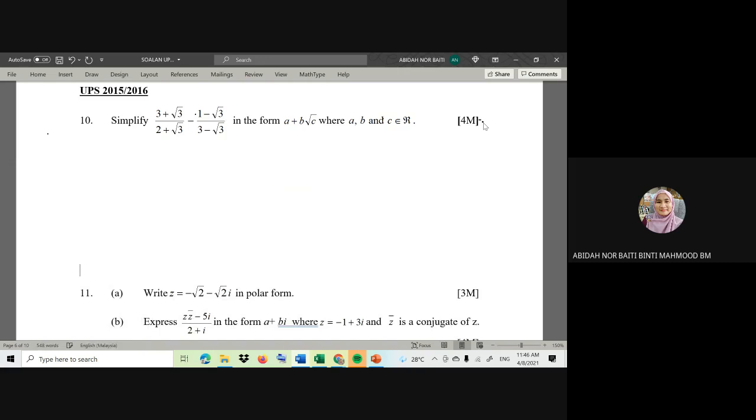So you have to equalize the denominators.